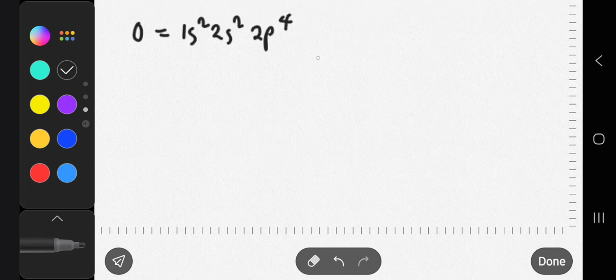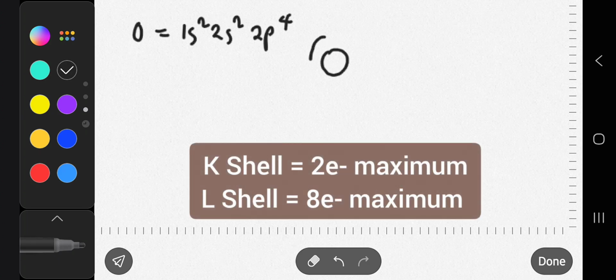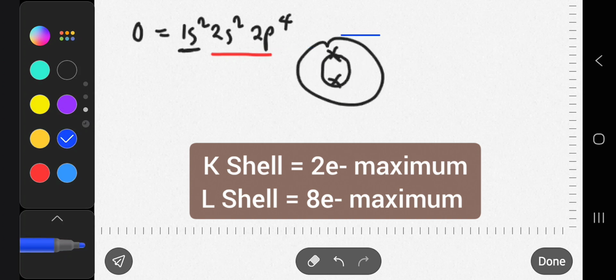It means that in oxygen's shell configuration, the 1s2 is going to have, in the K shell, 2. Then we have 6. This 6 can go into the next shell, whose maximum is 8. So I'm going to have 6: 1, 2, 3, 4, 5, 6.